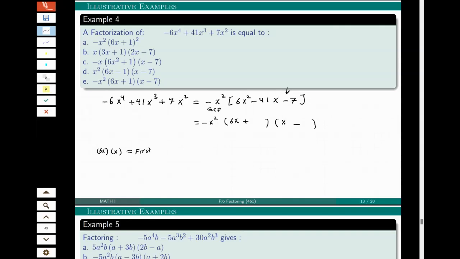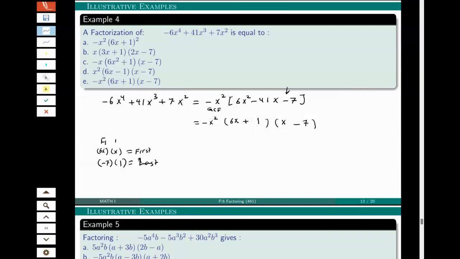And the last, which is minus 7 times plus 1 should give me the last.